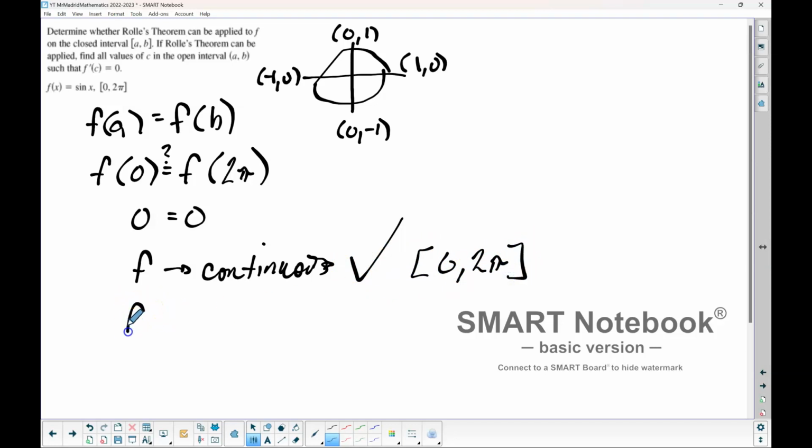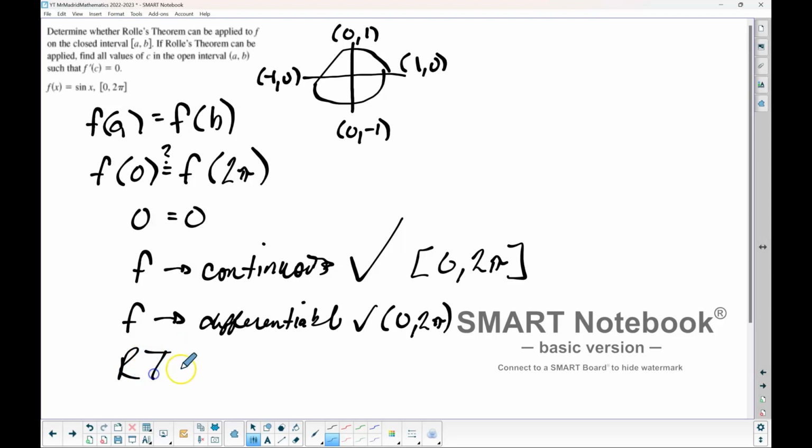Next, you want to check if your function is differentiable. You can pause the video and look. And of course it is, on the open interval. So with that criteria met, we know that Rolle's theorem does apply. We can say RT applies.